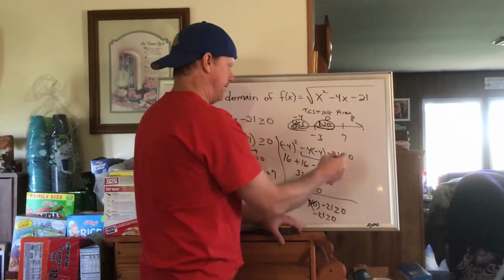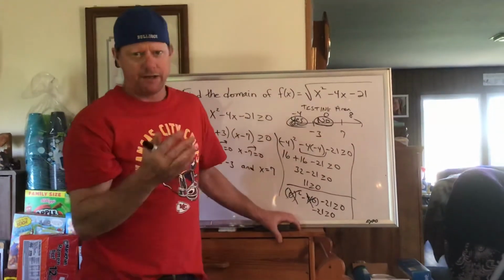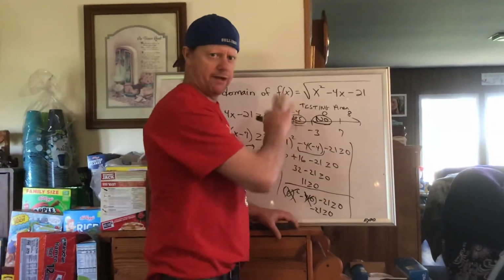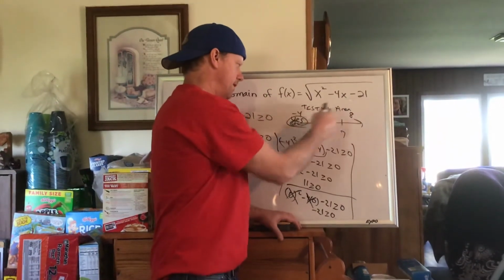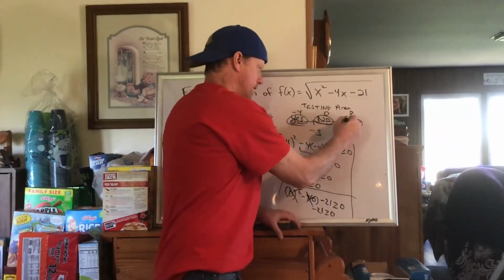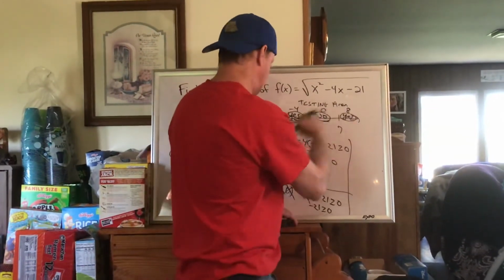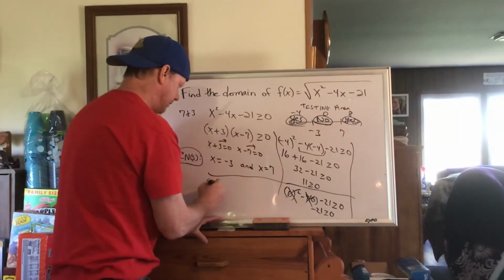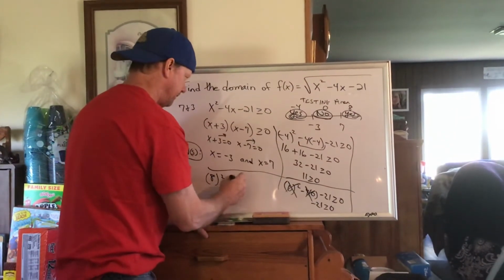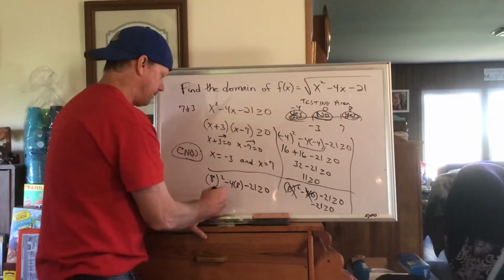And then whenever you test out the 8, as I said yesterday, it's going to alternate if you do your math right on this testing area. So it's either going to go yes, no, yes, or no, yes, no. So this is going to go yes, no, yes. Just to prove that's true, if you plugged in 8 for x and did the math, you would get 8 squared is 64.